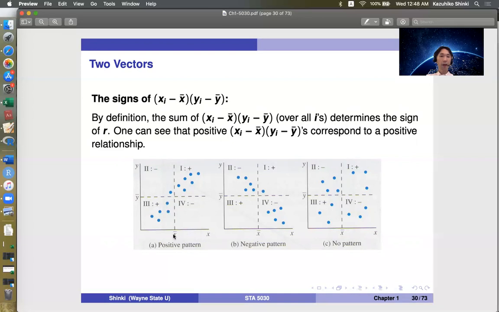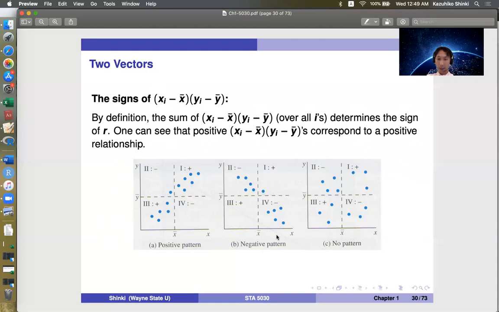And also, if the x value is less than x bar, then the first factor is negative, but the y value tends to be less than y bar. So most points are in quadrants 1 and 3. That means most summands are positive. Maybe there are some exceptions, but overall we expect the summation to be positive, so it has a positive relationship.